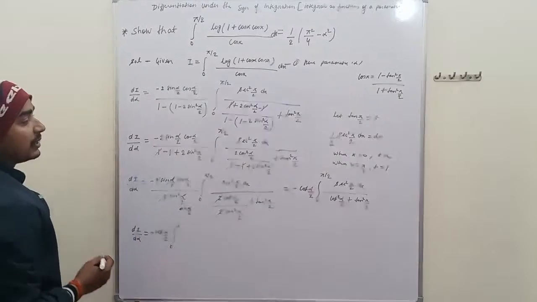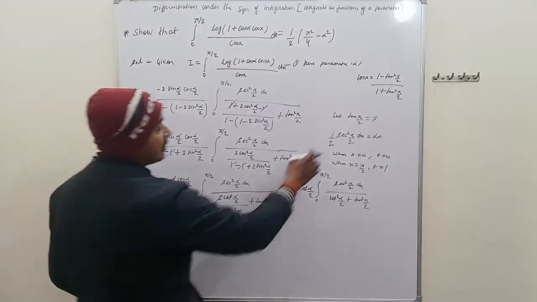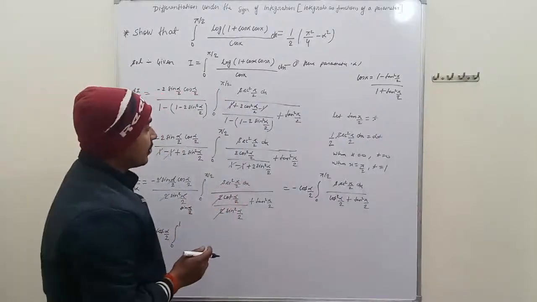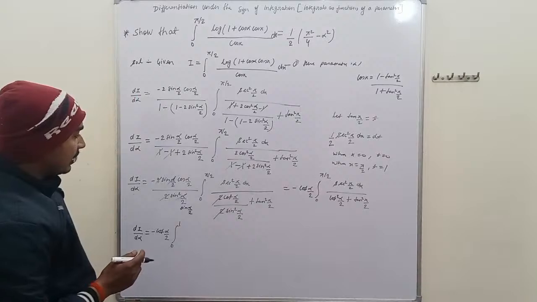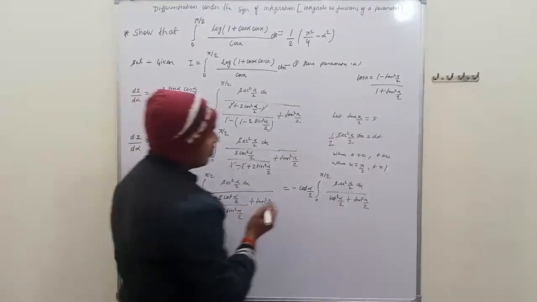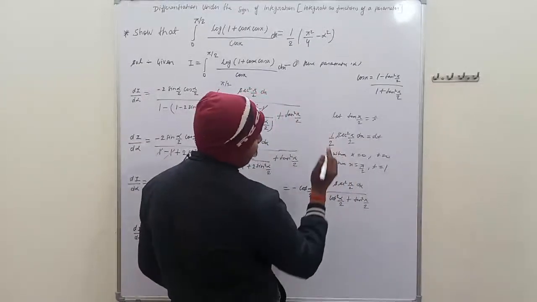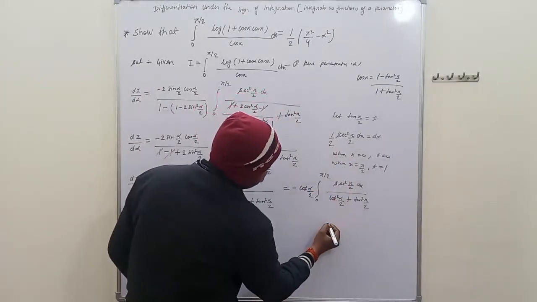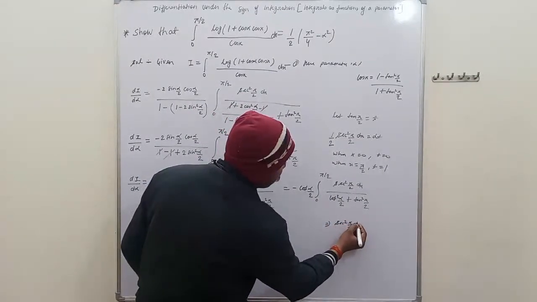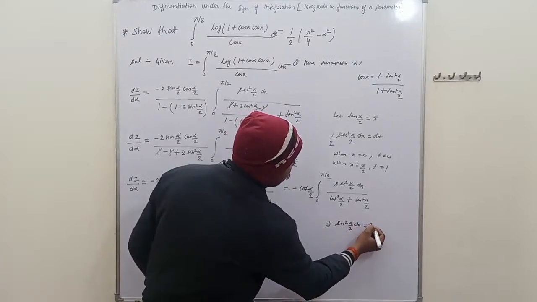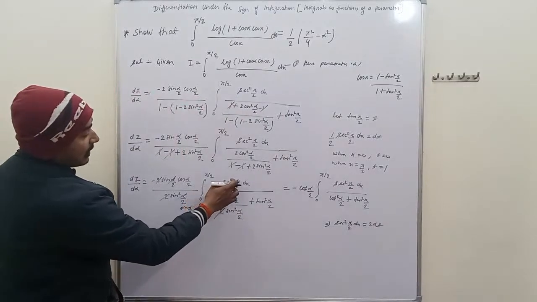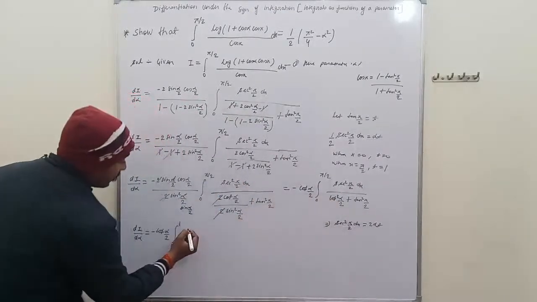The new limit changes after taking tan x by 2 is equal to t, and from here we can also put the value of dx: sec square x by 2 dx in place of 2 dt.